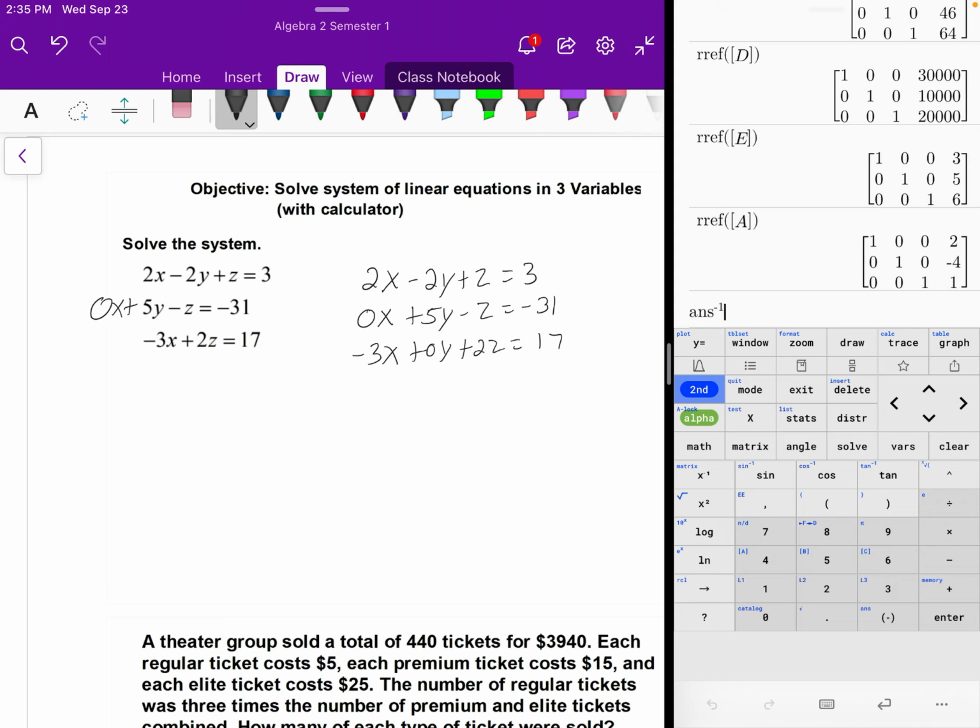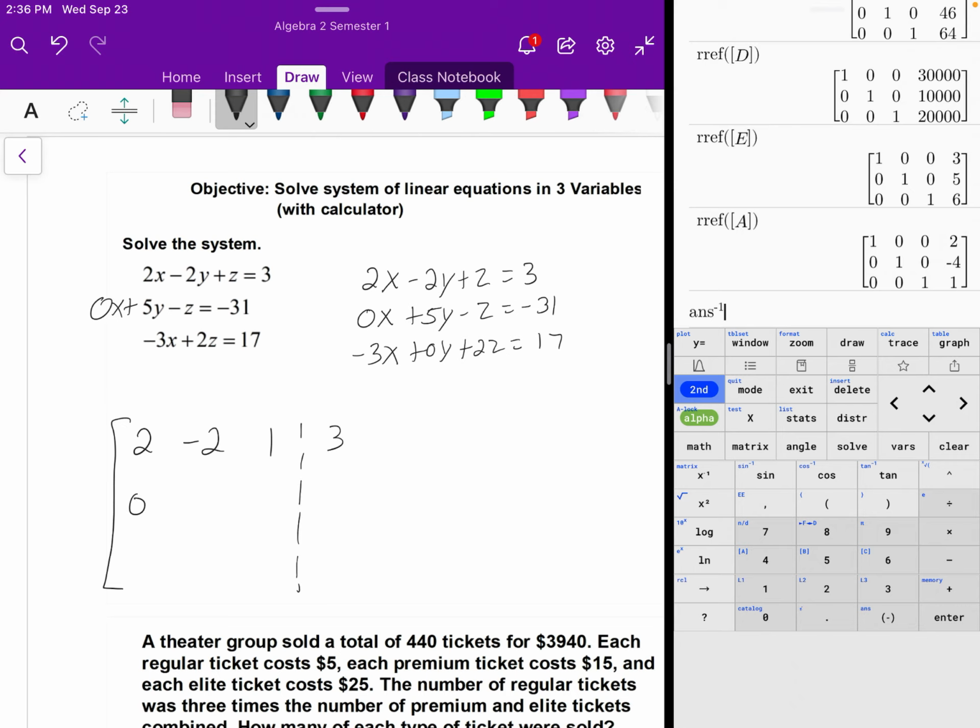Now I'm going to write my augmented matrix. After you've done a few of these, you don't have to worry about doing that, but I would recommend doing that initially so you see that the coefficient of any missing variable is 0. Going from left to right on that first equation, I got 2 for x, negative 2 for y, 1 for z, and for my constant I have 3.